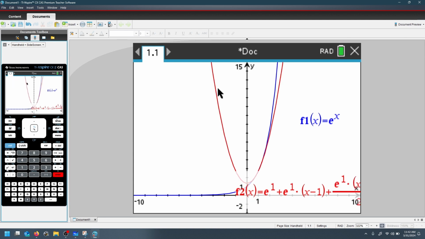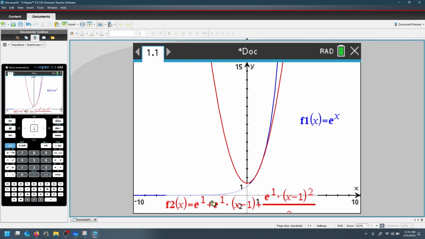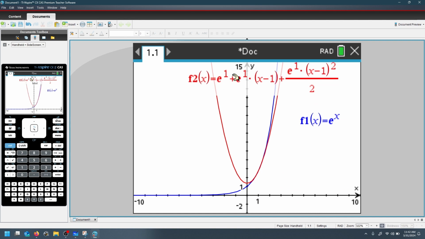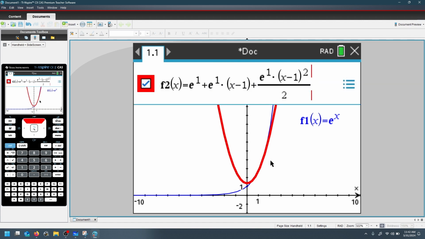And if you hit enter, notice that now it still touches at x equals 1. That's the center. But you can tell that it stays closer to the original function for longer. You can get further away from x equals 1, and the approximation is going to remain pretty accurate. And we'll test that in a second. If we want to go ahead and add one more to this, we're going to do plus, divide.